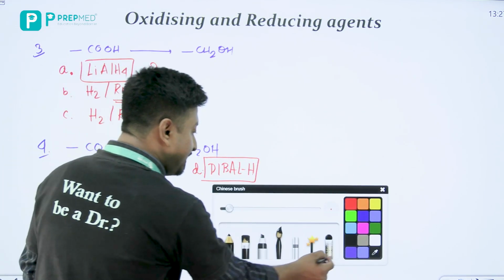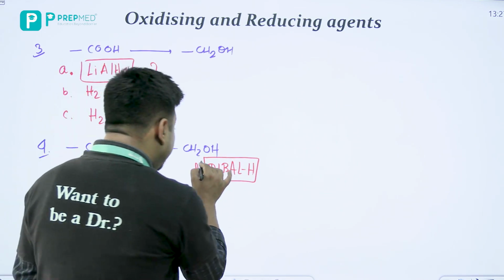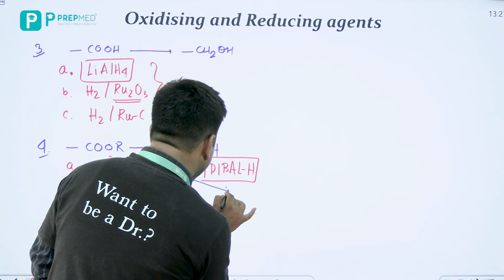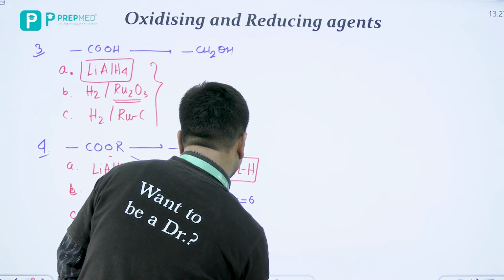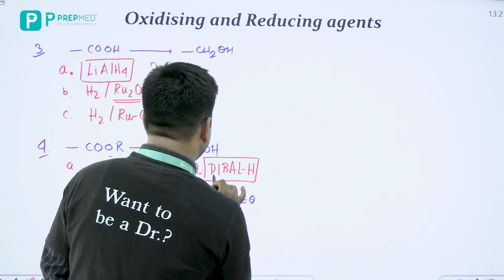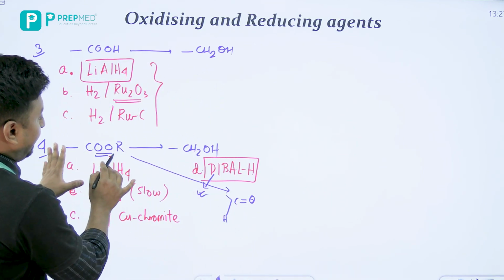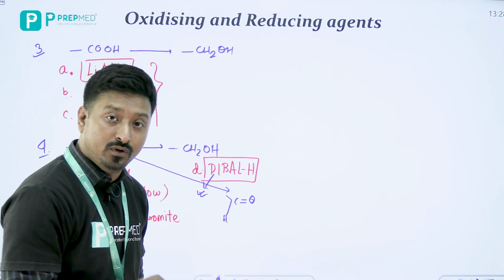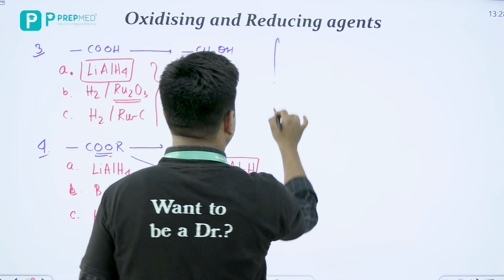If you use DIBAL-H, the ester will be converted into the corresponding aldehyde. So remember, DIBAL-H is used to convert an ester molecule to an aldehyde molecule. This is always to remember.